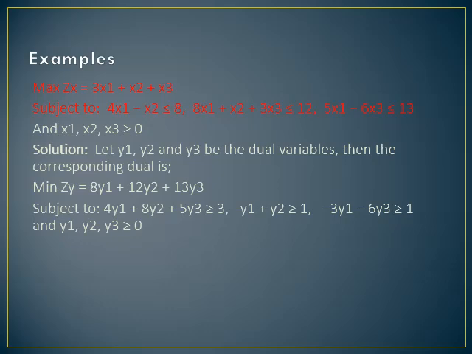So we need to convert the second constraint into less or equal. How to do that? We need to multiply each term of constraint number 2 by negative 1. So, solution.